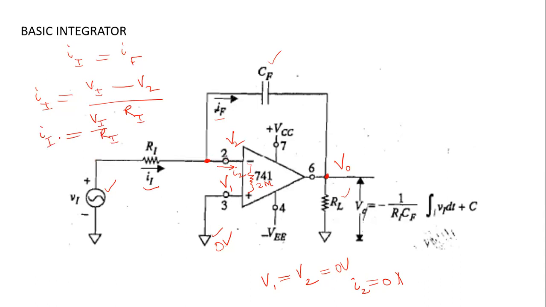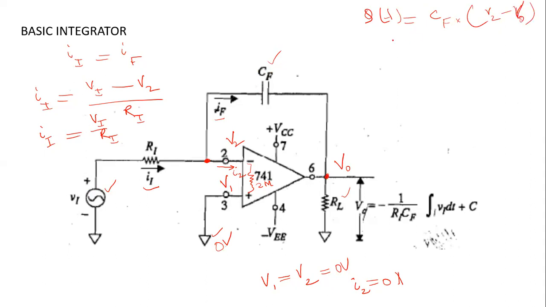And IF, like I explained yesterday, since we are connecting an AC signal, the instantaneous charge across the capacitor is given by capacitance times the potential difference across the capacitor. The potential difference is V2 on the left side and V0 on the right side, so V2 minus V0.